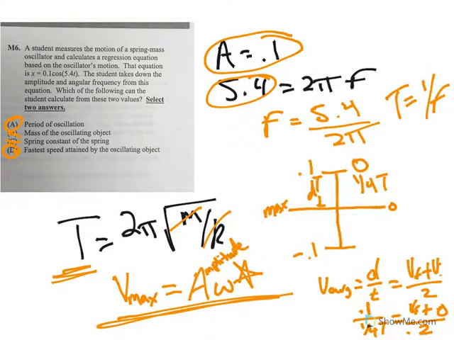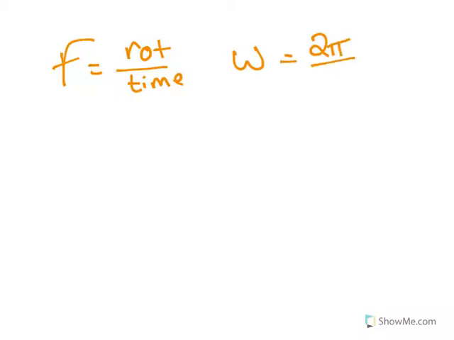And remember that omega is basically just the frequency times 2 pi. To give you a real quick rundown, the frequency, if you'll remember, is the rotation over the time interval, whereas omega is 2 pi over the time interval.